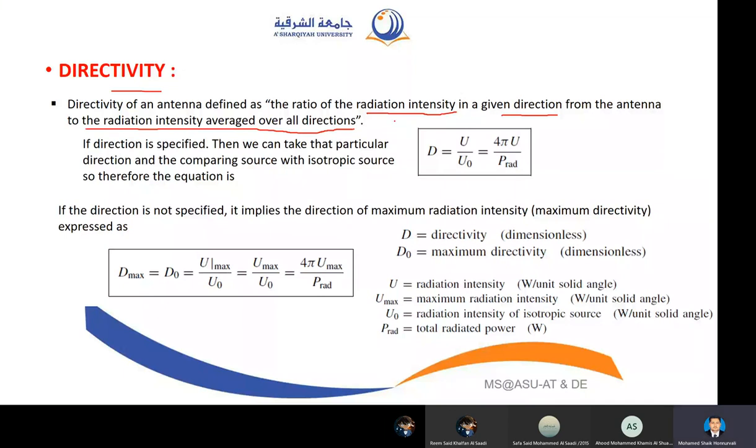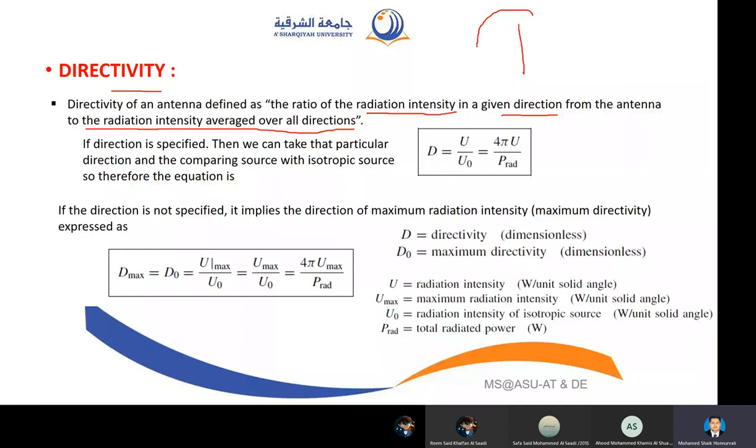So directivity is equal to the radiation intensity in a given direction divided by that of an isotropic antenna. To explain this more clearly, let us take one isotropic antenna. What is an isotropic antenna?